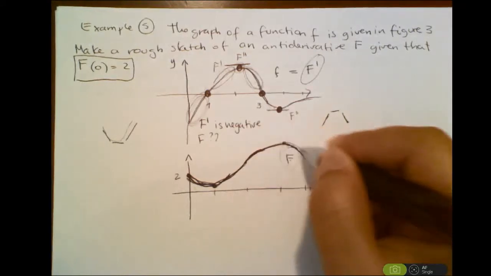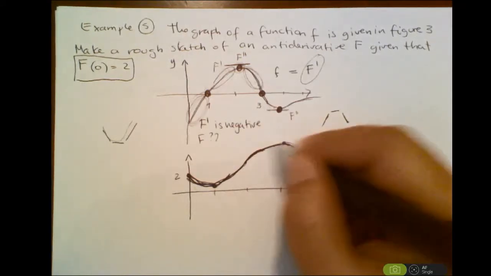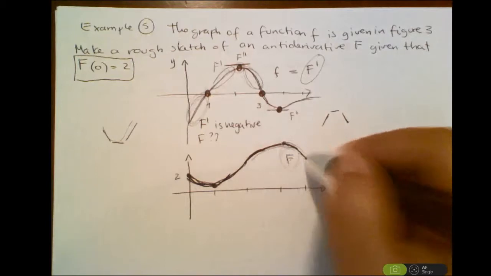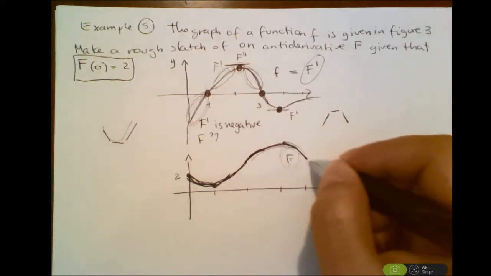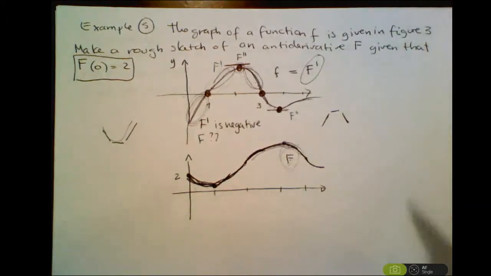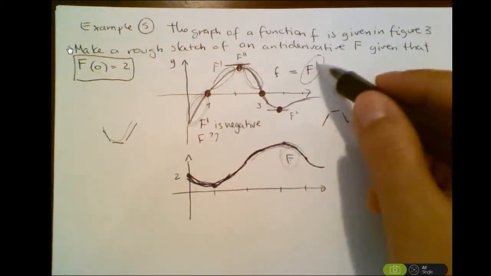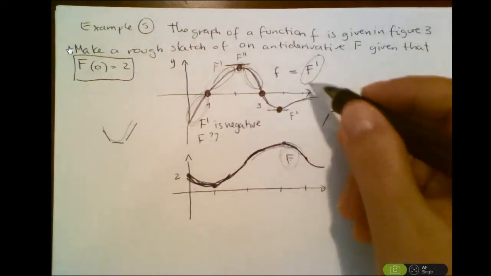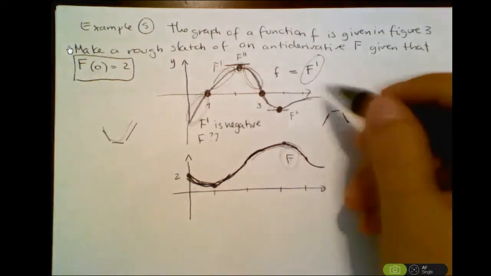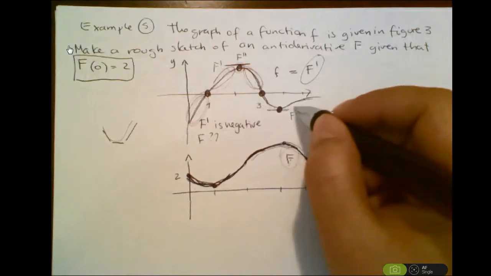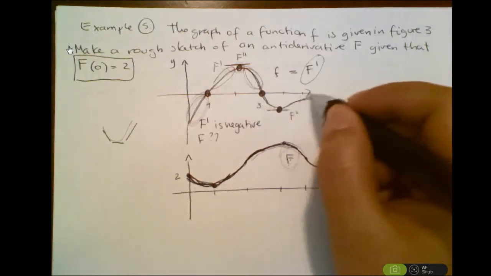So if the concavity was downward between 2 and 4, now the concavity changes and it's upward. Now the last detail that you have to notice about capital F prime, the derivative of the antiderivative, is that it's approaching 0.